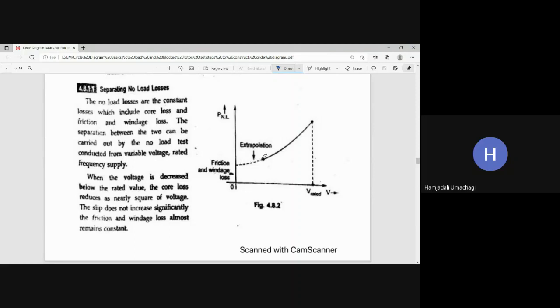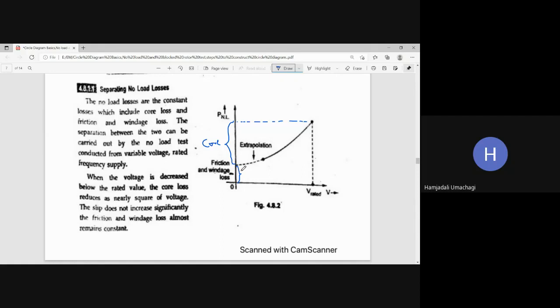Once you extend it until it touches the y-axis, this much portion is the information related to the friction and windage losses, and out of the total axis, the rest of this portion is the core or iron loss.